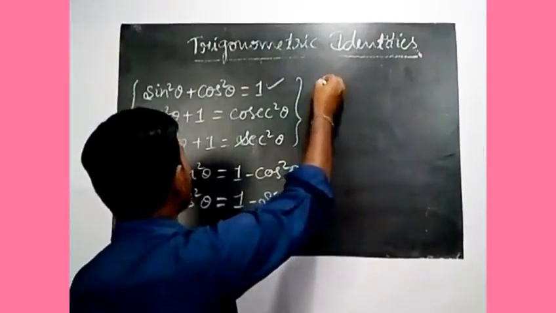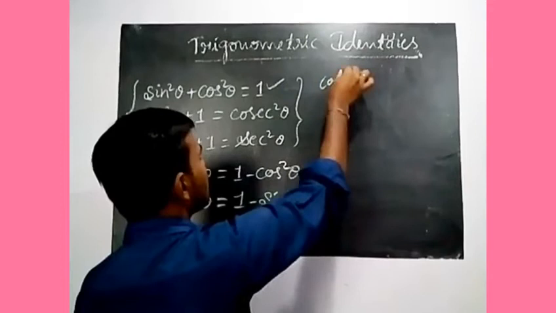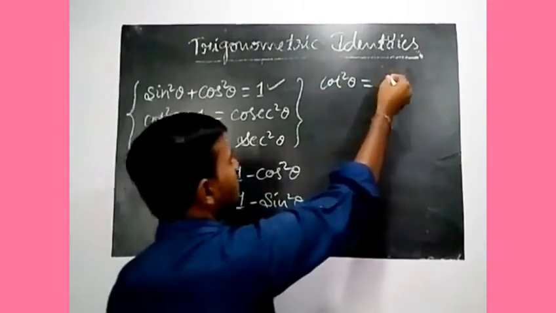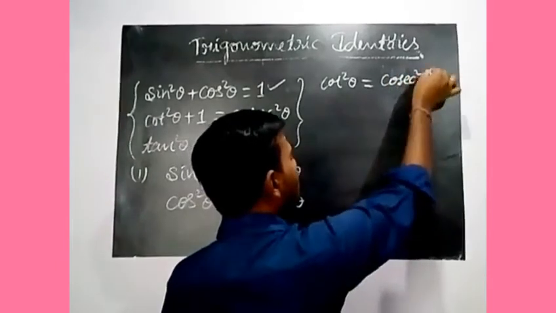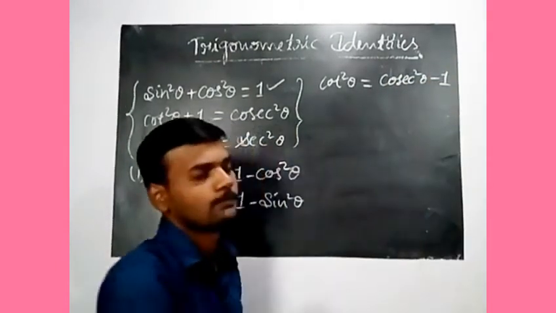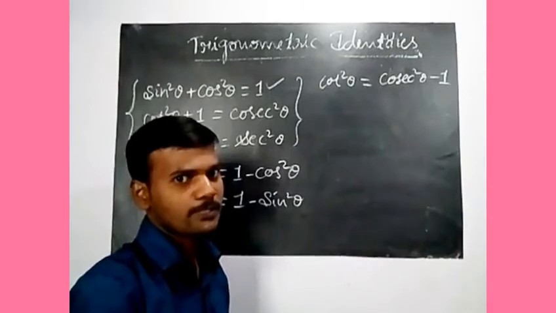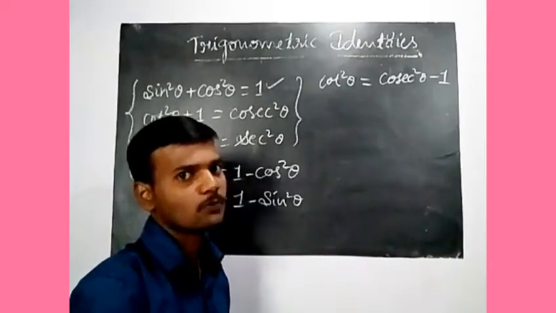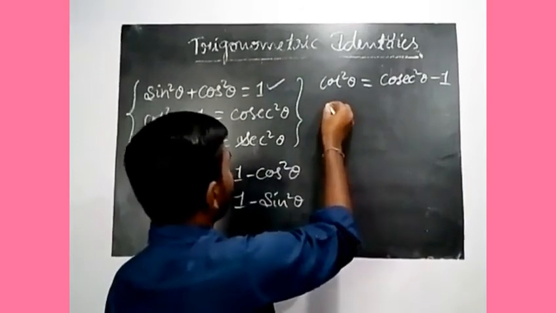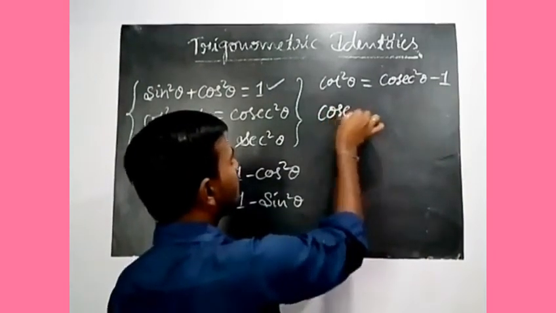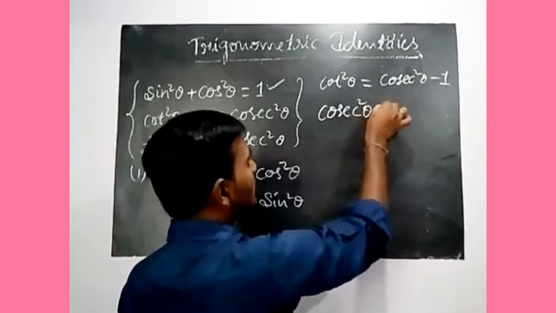By using the second identity, cot square theta can be written in terms of cosecant square theta, that is cosecant square theta minus 1. Okay, cot square theta can be expressed in terms of cosecant theta. Then cosecant theta can be expressed in terms of cot theta.